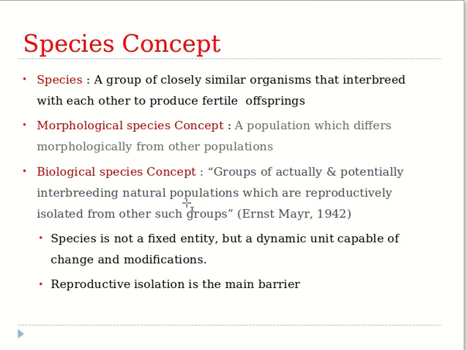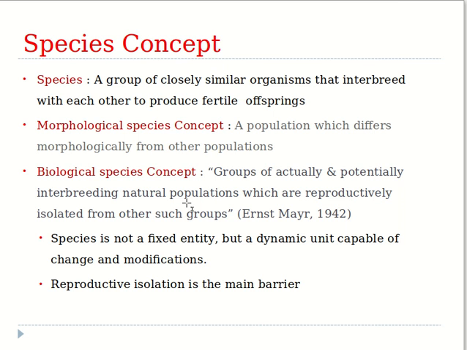But what about other populations which don't interbreed? There a species cannot be recognized, and it does not take into account the evolutionary history of sexuality starting from primitive ancestors to the present day forms. Biological species concept does not consider the evolutionary continuity. So, again there is a limitation for the biological species concept in defining the concept of species. Fine. So these are the two major species concepts.